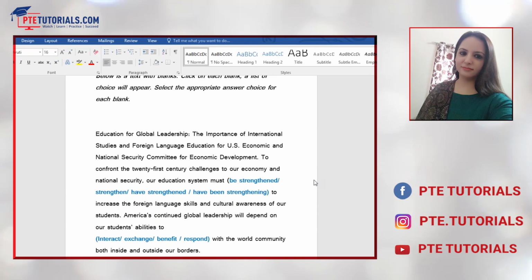Collocation means co plus location: any two words which you have to write always together. Co means together, location means place. Any two words whose location is always taken together are called collocated words.